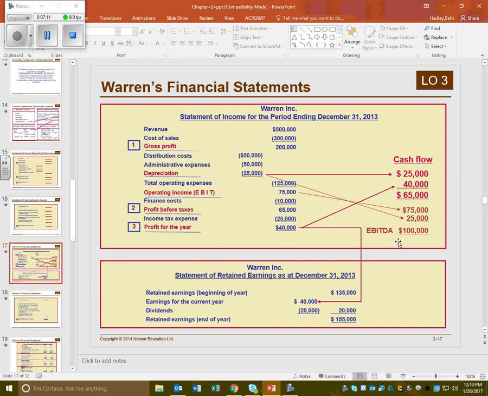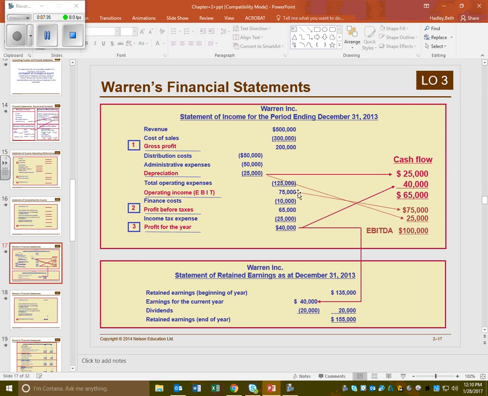Okay, they're introducing a new phrase over here as well. EBITDA, which is, if you come back up under your statement of income, you'll see your operating income, which is called EBIT, earnings before interest and tax, which is 75,000.